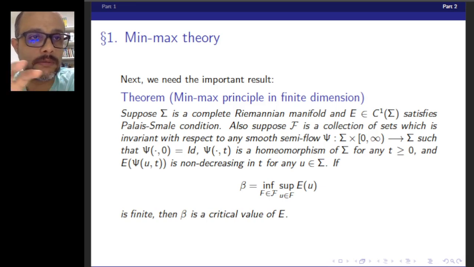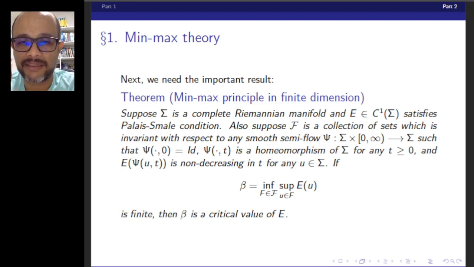I will tell what the Palais-Smale condition means in a few minutes. Also, suppose that the collection of sets is invariant with respect to any smooth semiflow psi.